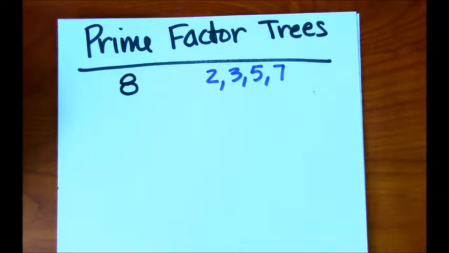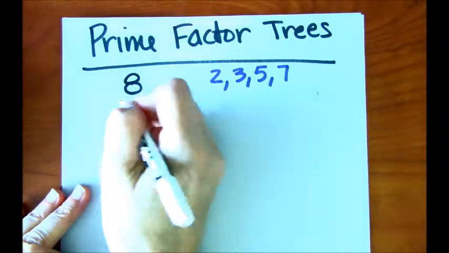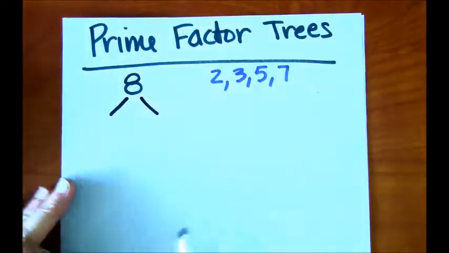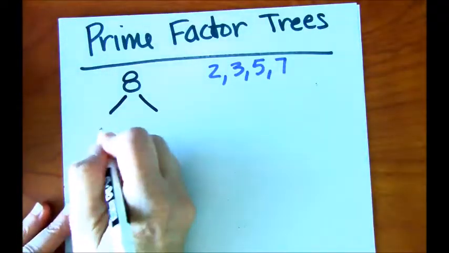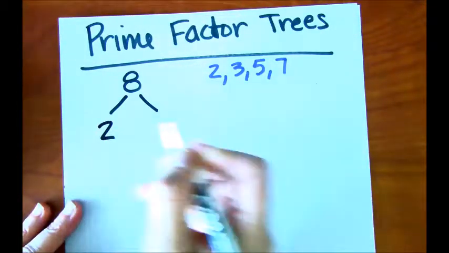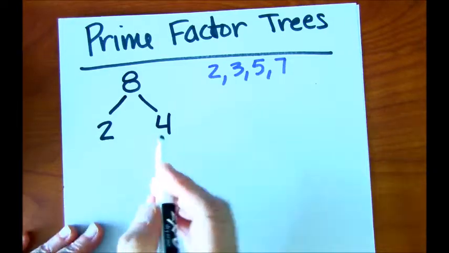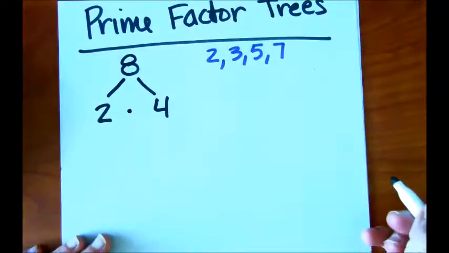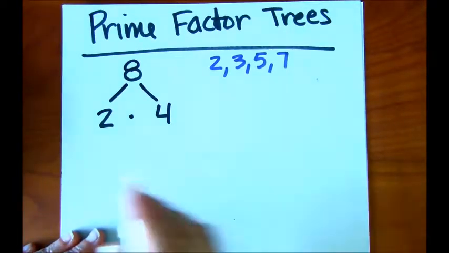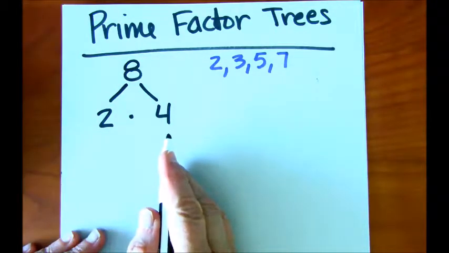I'm going to draw these branches, and you can think of the 8 as the top of the tree, with a branch coming off in each direction. I'll put my 2 here and 4 here. So 2 times 4, and you could put a dot in there to represent multiplication. 2 times 4 is 8.